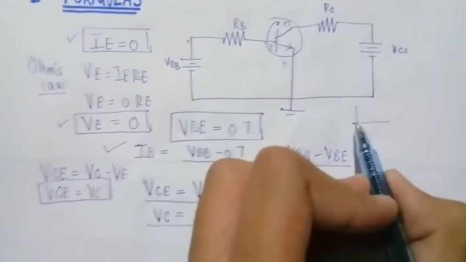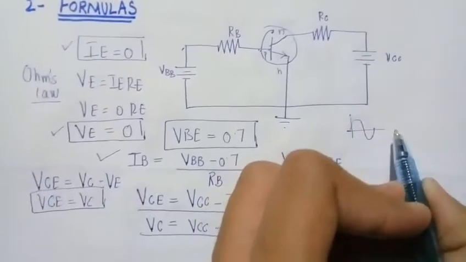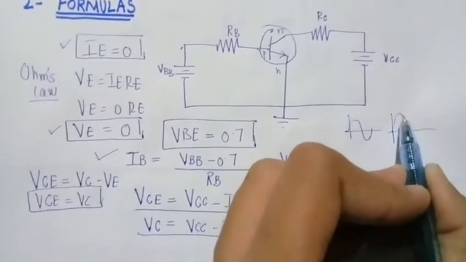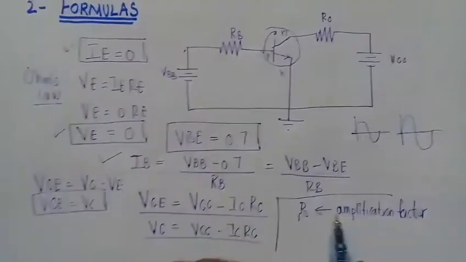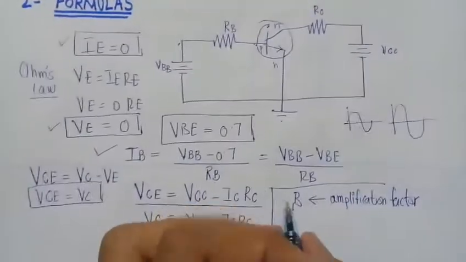What is an amplifier? If a small signal is applied at the input, the transistor will convert it into a large signal. So it will be the amplified signal which the transistor provides to us.